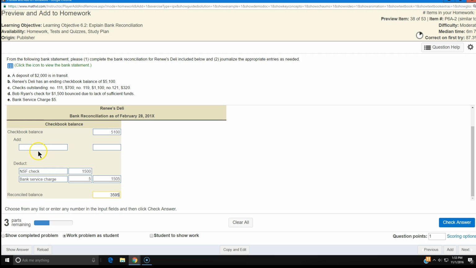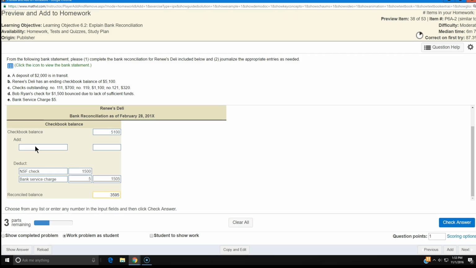Examples of items that would be added would be, for example, if the bank collected a note from somebody who owed us money and deposited it into our account, and then they notify us later, and we don't have that addition, we have to add it. If they credited our account for a loan that we took out and we didn't add it yet, then we have to add whatever the bank added.